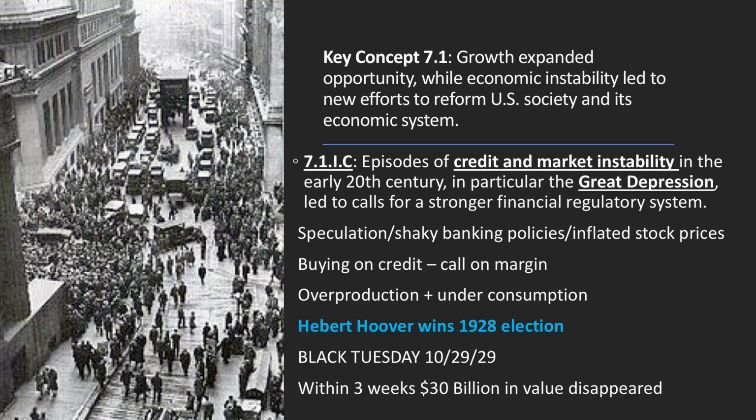In other words, if something went wrong with the stock, they could now come to you and tell you to give us the other 90%. You don't have it? In that time period, they could go after your assets. They could go after your bank accounts, your savings account. They could go after your house if they wanted to. But they didn't have to tell you about the call on margin aspect of buying on credit.